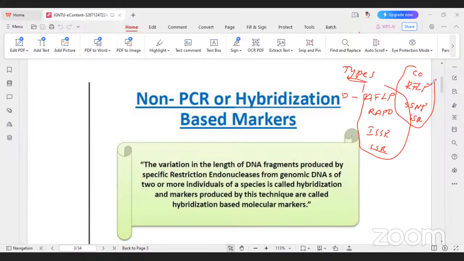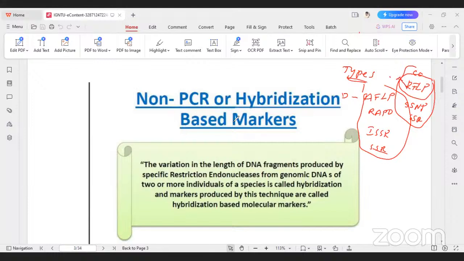Another way to classify molecular markers: one is hybridization-based molecular markers, and the second is PCR-based molecular markers. First, hybridization-based markers, with only one example, that is RFLP, restriction fragment length polymorphism. I will explain later.